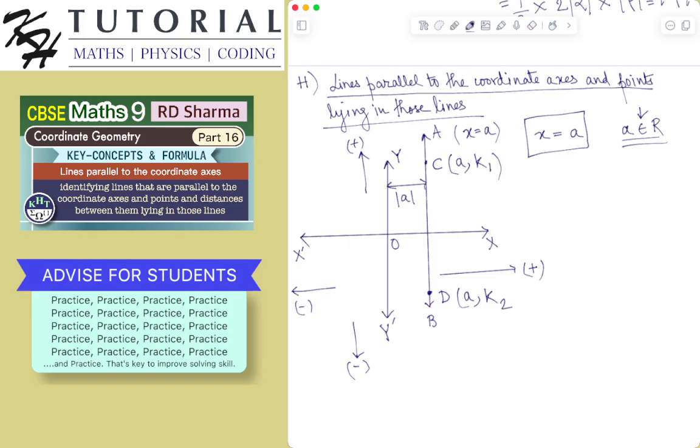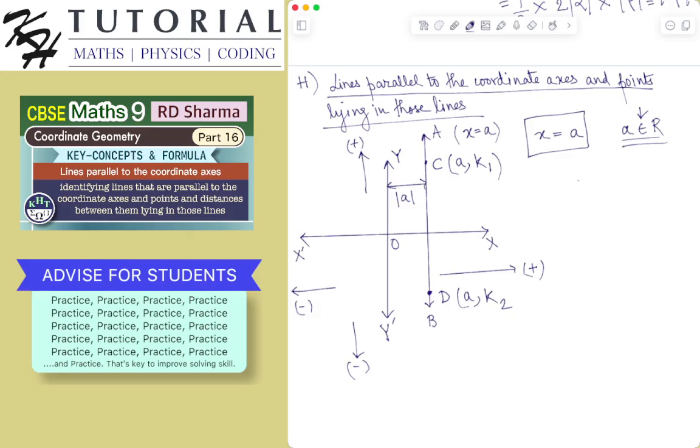Now, what will be the distance between the points C and D, which lie on the line AB, which is parallel to the y-axis, and the equation of the line AB is x equals a? The coordinates of the point C are (a, K1), and the coordinates of the point D are (a, K2).